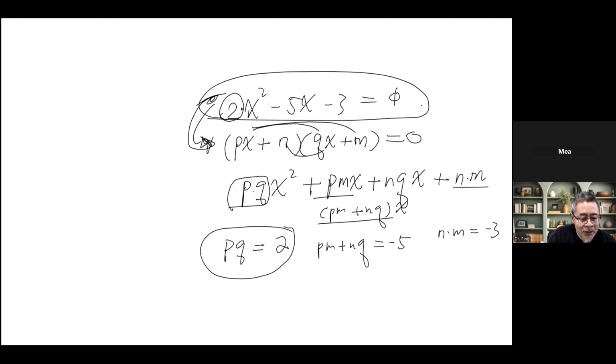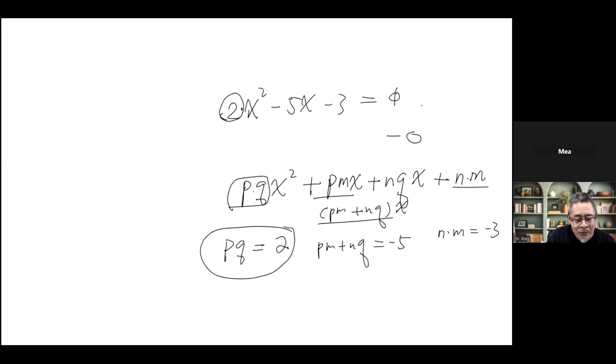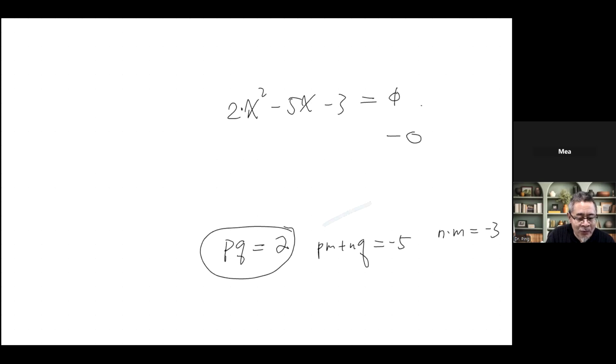So how do we arrange that so that we can do that easily? We know that pq equal to 2 is either 2 times 1 or 1 times 2. So we just pick 2 times 1, because 2 times 1 is 2.